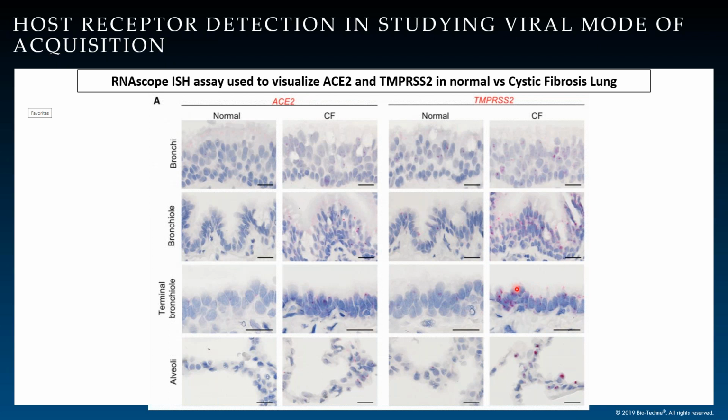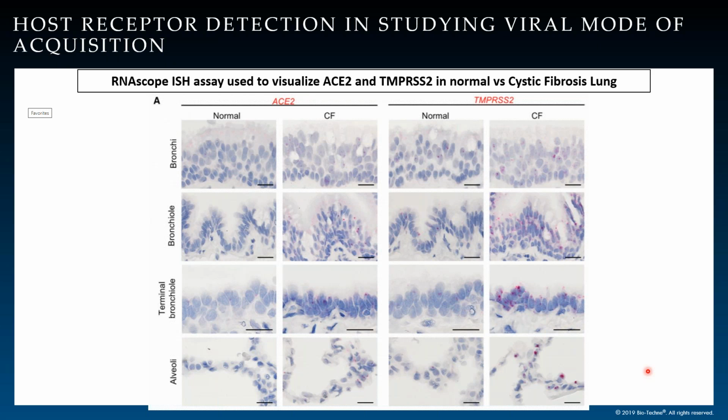These nice punctate dots indicate expression of this protease, which is significantly higher in the cystic fibrosis bronchioles compared to the normal lung. So this could be one of the reasons why individuals with existing lung pathologies show a more serious manifestation of this disease.